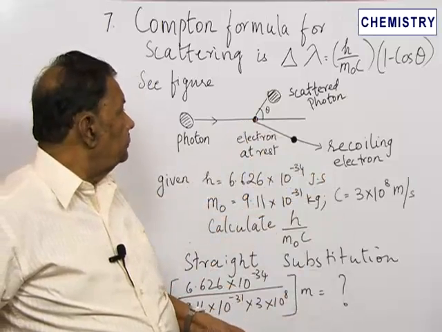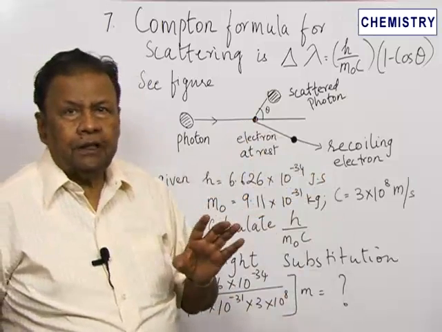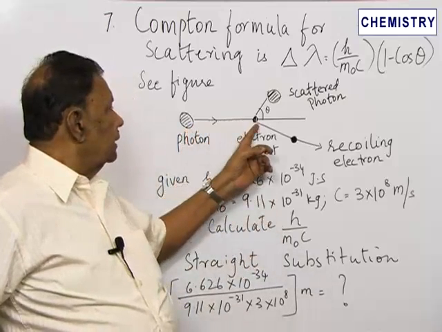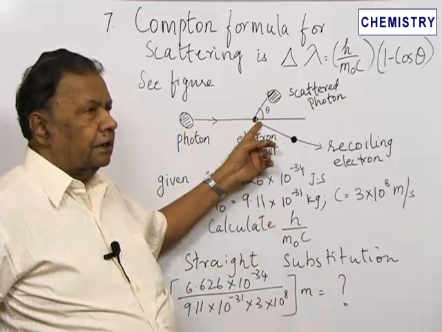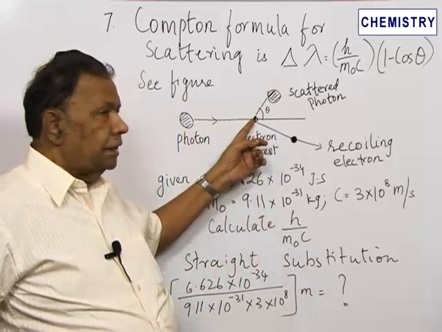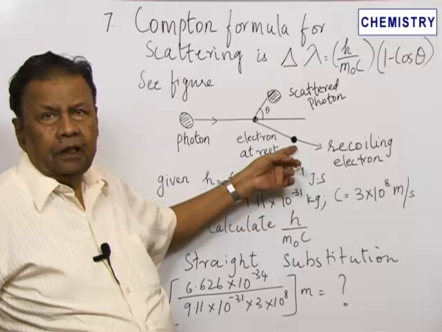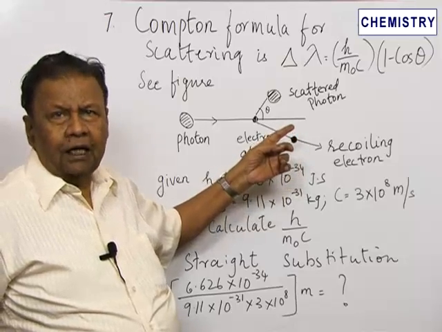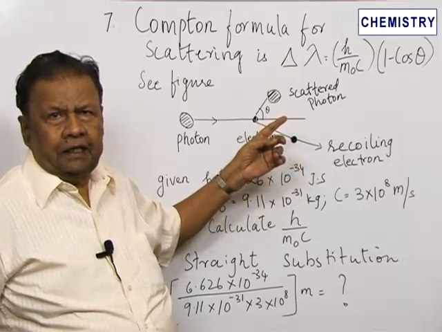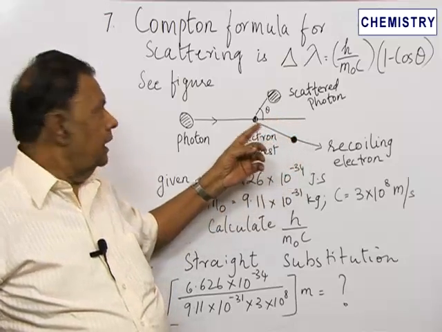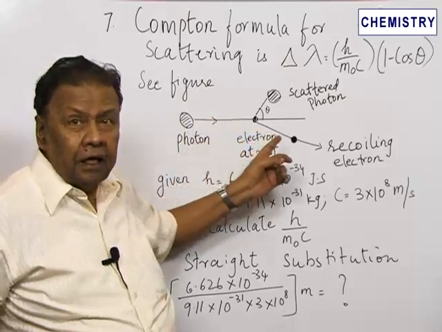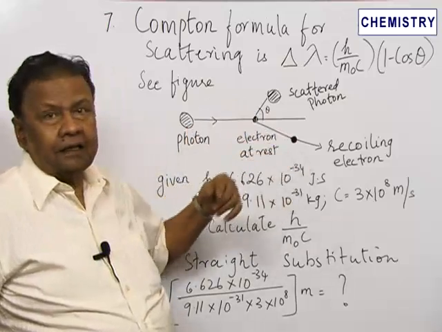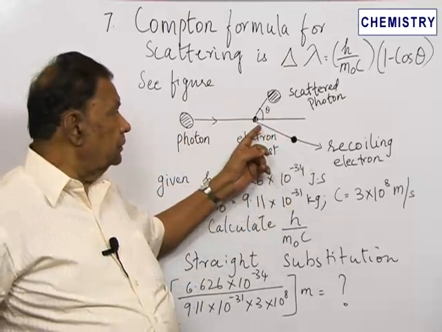And now, what happens is, when the photon strikes the electron and the electron initially at rest starts moving, obviously the photon, in striking against the electron, has transferred part of its energy to the electron. The electron moves with that energy.